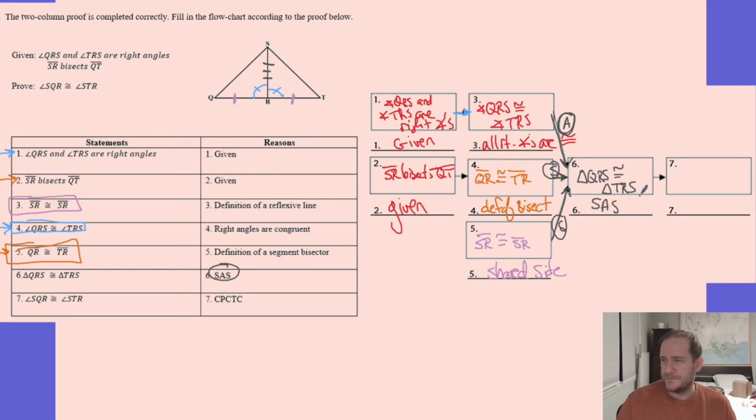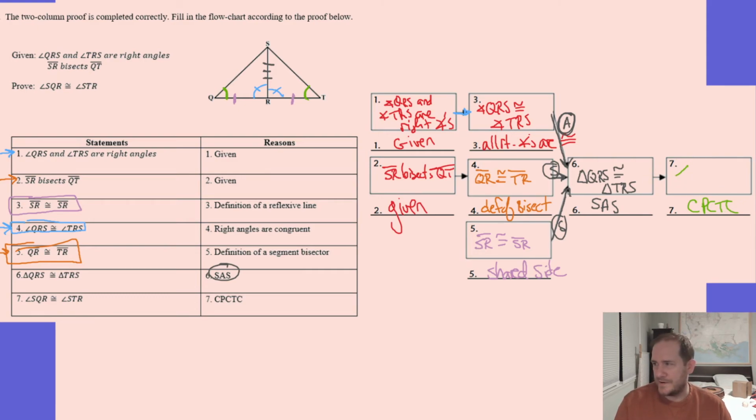And then lastly, now that we said the triangles are congruent, we now can use CPCTC to prove that any pairs of parts of the triangle are congruent. If they want angle SQR, that's this guy over here, right? Then sure, those angles now have to be congruent because they're corresponding parts of congruent triangles, so they're congruent.